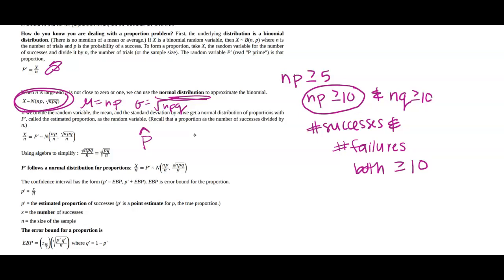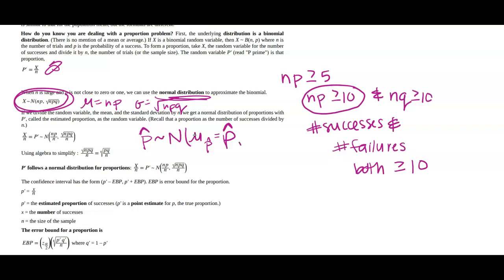So P hat is going to follow a normal distribution where the mean of that distribution is the proportion you're looking at, in this case P hat, because that's what we have to use in order to approximate what's going on.